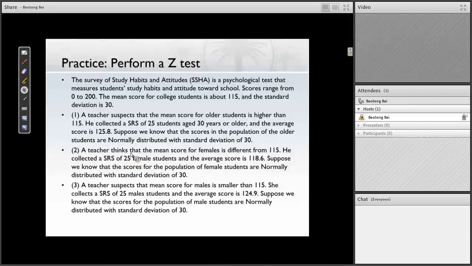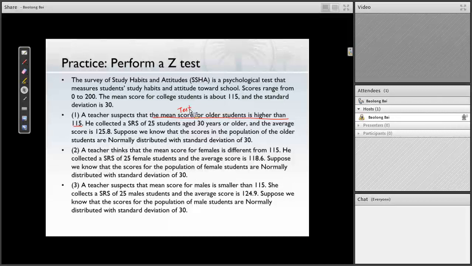The mean score for college students is about 115 and the standard deviation is 30. In the first scenario, a teacher suspects the mean score for older students is higher than 115. This is our claim. We need to assess if that claim is true or false. That means we need to do a hypothesis test, right?